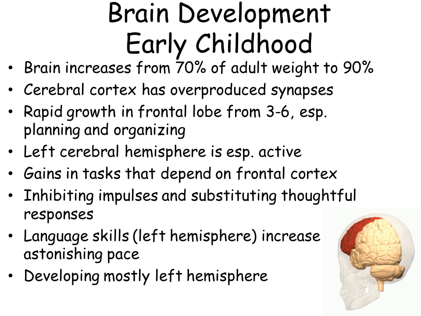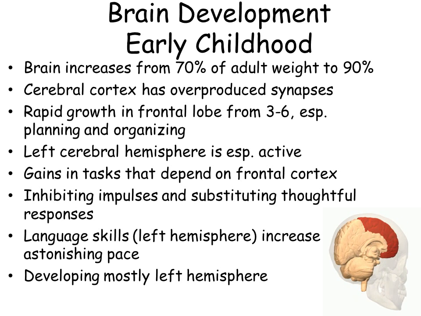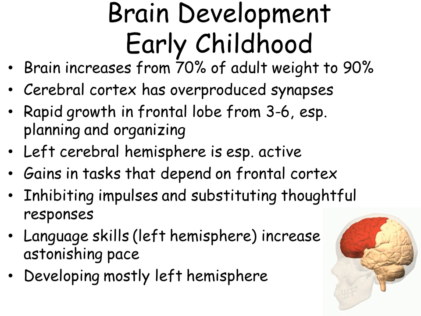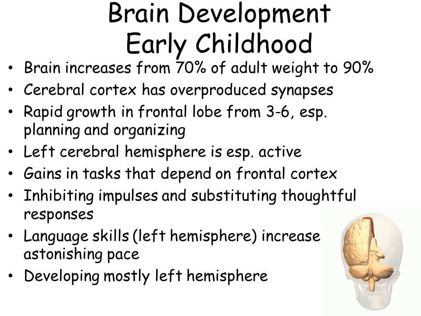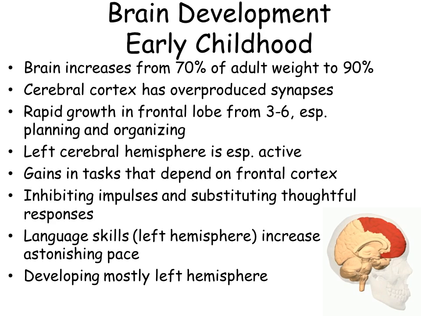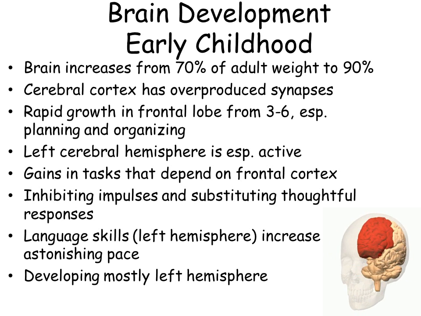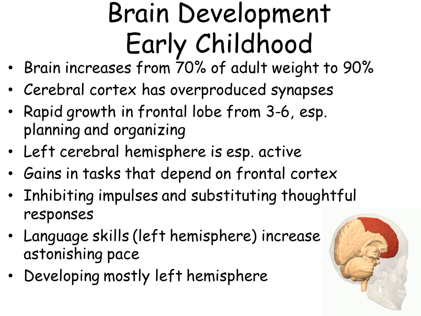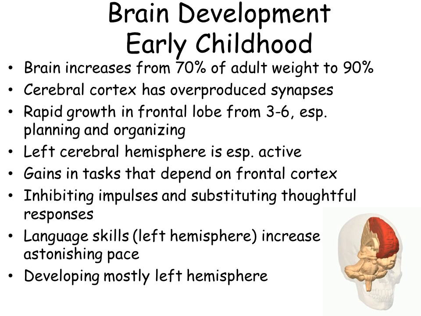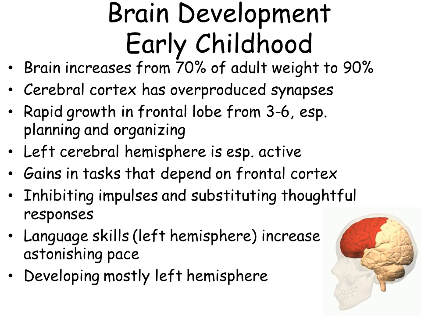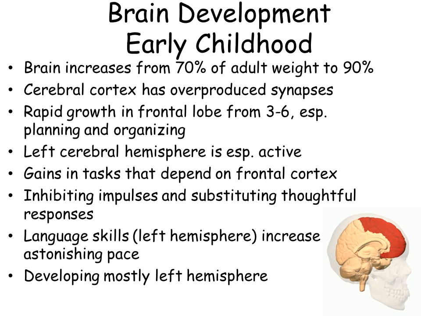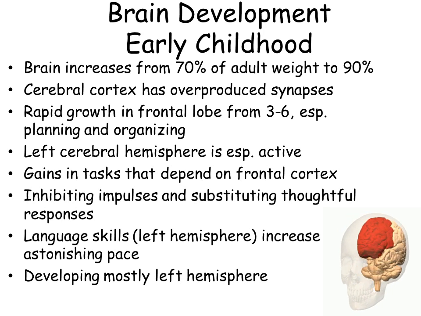Language skills are increasing at an astonishing pace, and if you've been around a 3 to 6-year-old, you know this. Every word you say, they learn, even the words that you shouldn't say. And they're learning a ridiculous amount of words per day. It's thousands and thousands. It's crazy. And that's, of course, in the left hemisphere. So they're developing mostly the left hemisphere.